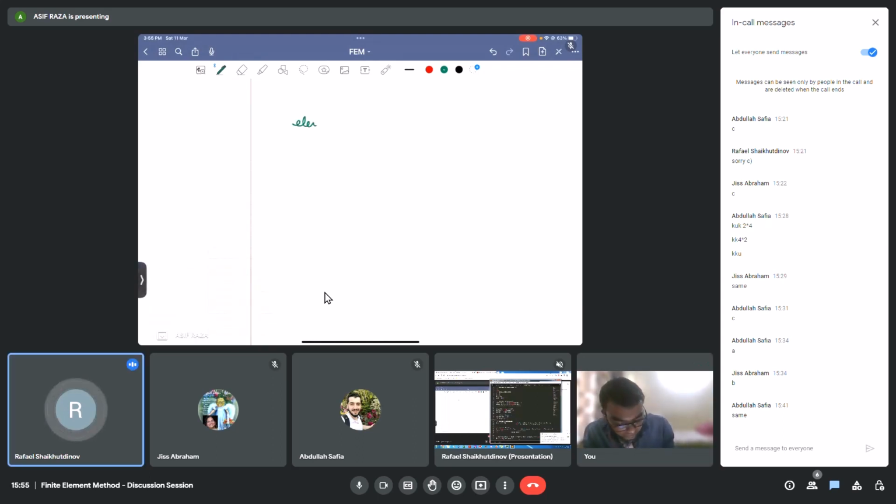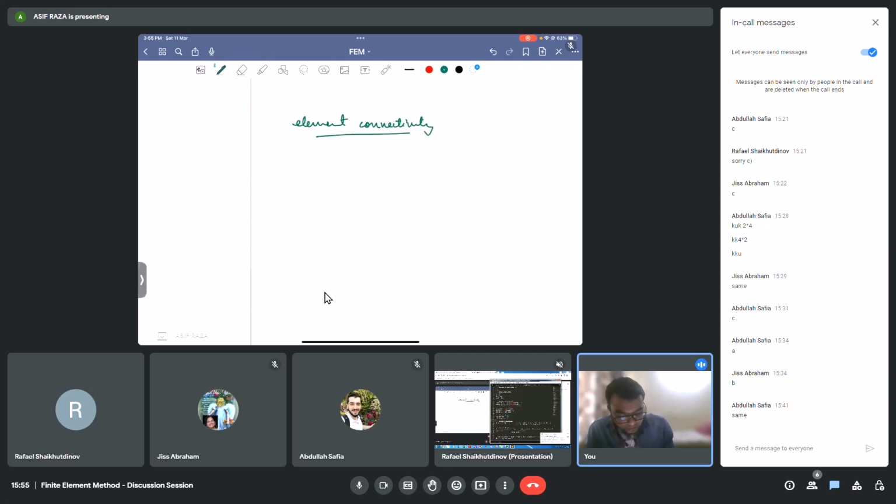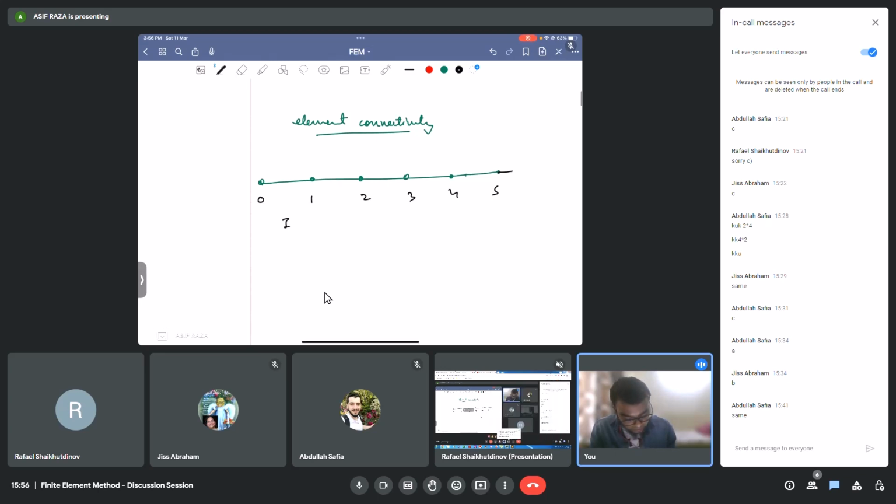So if we have nodes 1, 2, 3, 4, 5, 6, so 0, 1, 2, 3, 4, 5, and first, second, third, fourth, fifth element, and this one is 6.